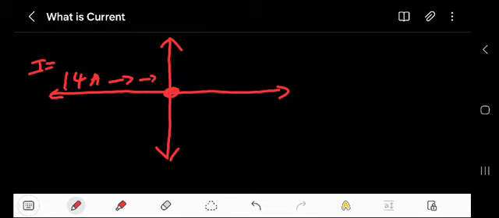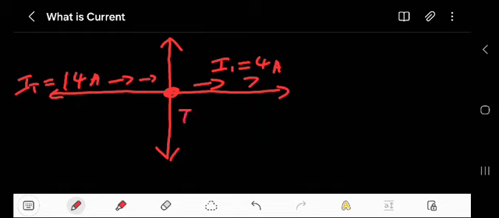Let me say here I have the current in this branch. In that branch I will call it I1. Let me call this I total, or IT for example. Then here we have 4. Then I2, let me say it is 7 amperes that will be flowing like this at this branch.